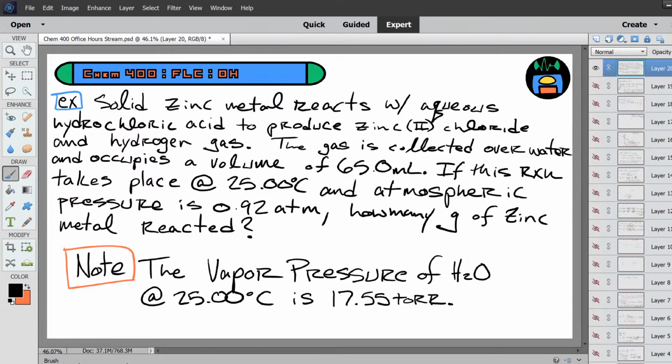On the exam, I will provide it for you, so you don't have to have a table for vapor pressure of water. I'll include it in the problem as I've done here. But that's just one thing to note about the homework. They don't give that to you. You've got to look it up. So if you're doing a problem like this and you're stuck, feeling like you're missing a piece of information, this will help you remember, wait a minute, I need to look up my vapor pressure for water to solve this.